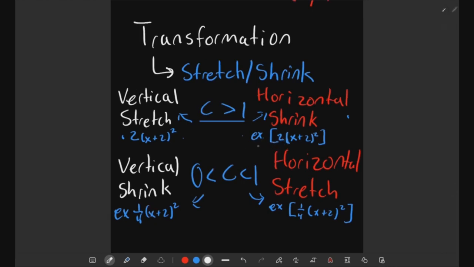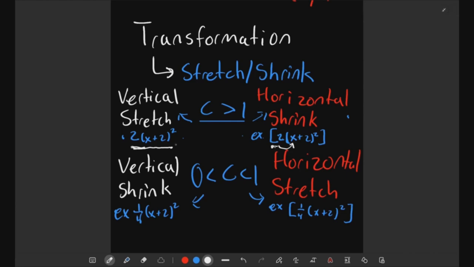For example, over here for the horizontal shrink, you can see that it's directly affecting the x because it's inside the bracket. If it was outside of the bracket, it would look like this one. You don't even need the brackets for this one, and that would be a vertical stretch because it's not directly affecting the x, it's just affecting the value that you're going to have as the result.